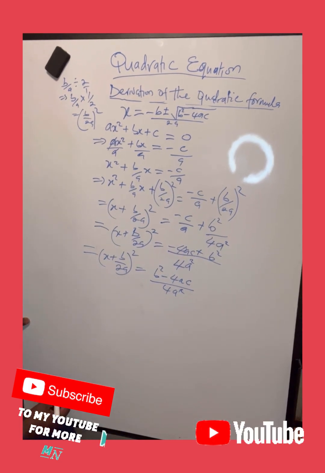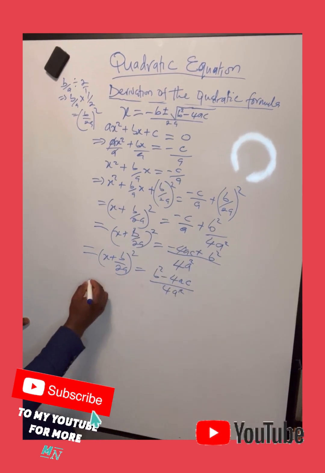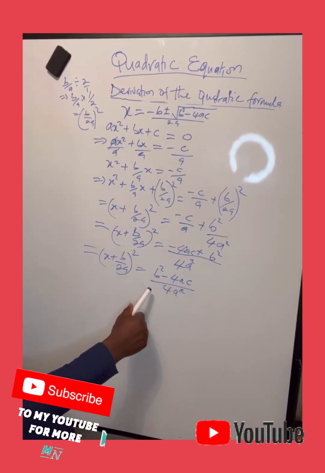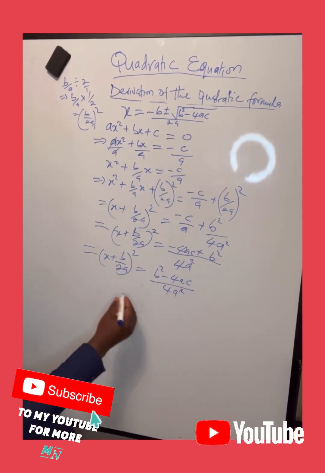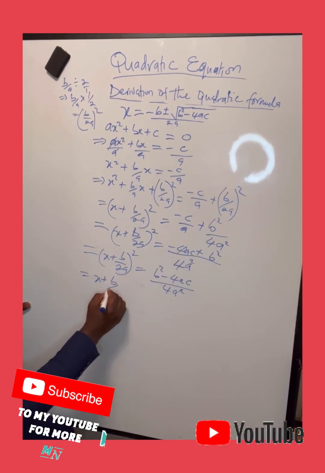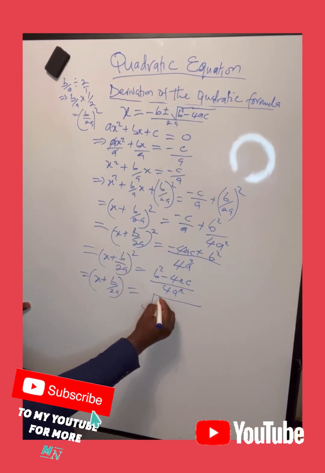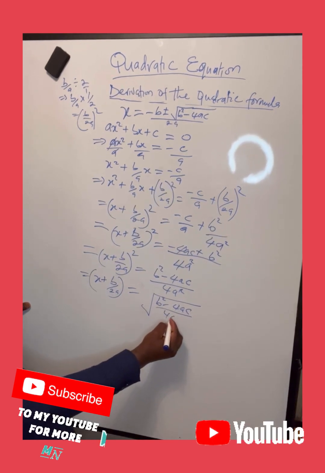The next thing to do is writing b squared before minus 4ac. This and this are the same. So I'm going to eliminate these two squares by obtaining the square root of this fraction. This algebraic fraction is equal to x plus b over 2a, then the square root of everything on the right hand side, b squared minus 4ac divided by 4a squared.